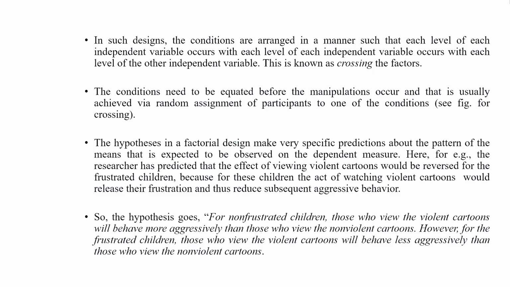The intuitive assumption is that for these children the act of watching violent cartoons will act as a catharsis, a way of releasing their frustration, and thus eventually it will reduce their subsequent aggressive behavior. Okay. So, when they are frustrated and they watch a violent cartoon, their aggression gets a release, and now when they go to play, they will be less aggressive.